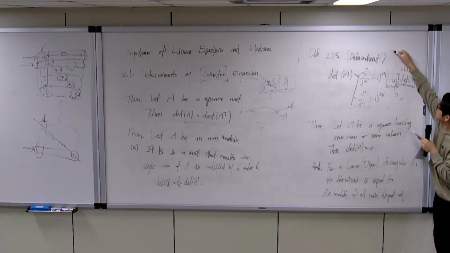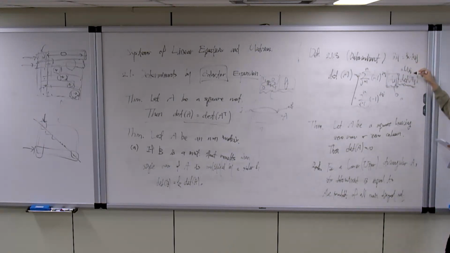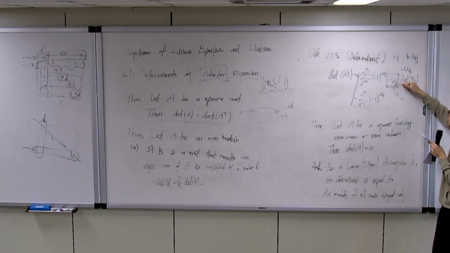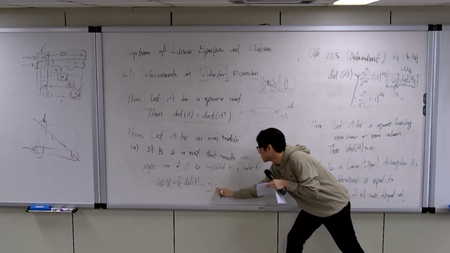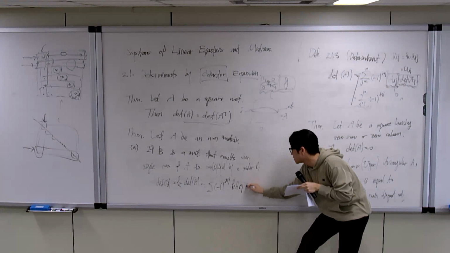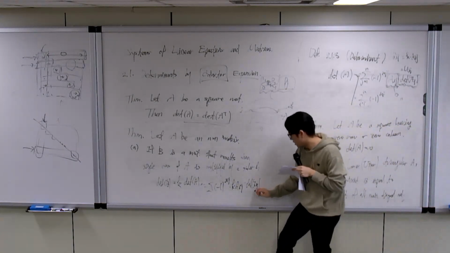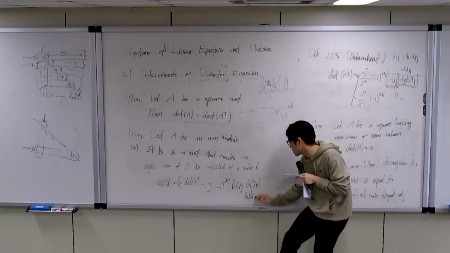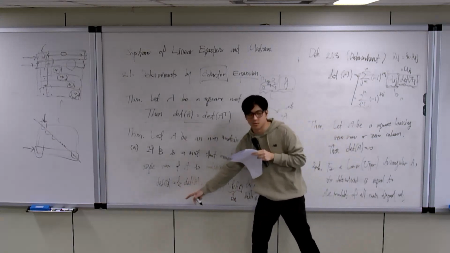Then B's ij entry is the same as k a_ij, and the minor determinant is the same as A's minor value, so it is just the summation of k a_ij times the determinant of A bar ij, and it is the same as the determinant of B bar ij, so that means it's the determinant of B.